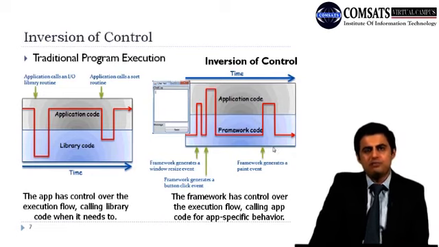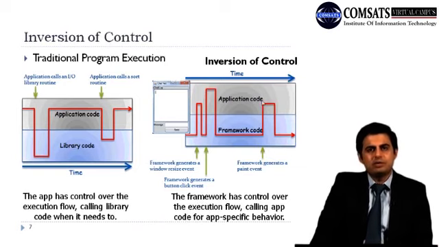But if you look at the framework, it has a lot of features in it. There is application code which you have written, but that application code doesn't have all the control. Rather, the framework has control over the execution flow. It calls different code which you have mentioned in your system.